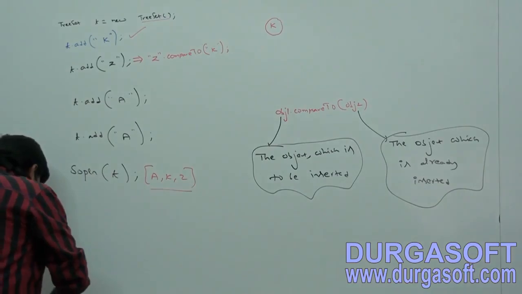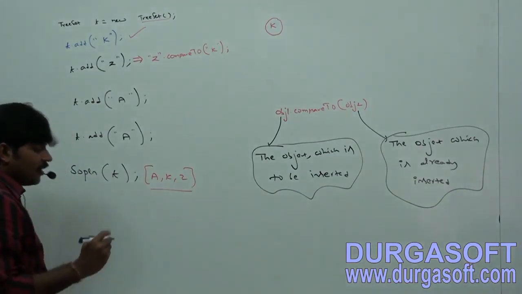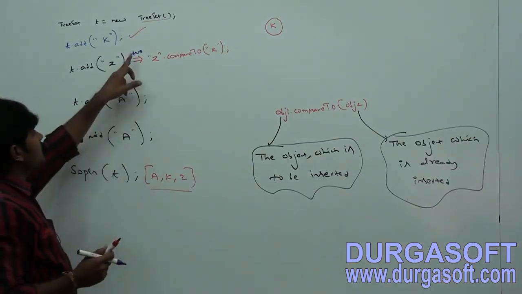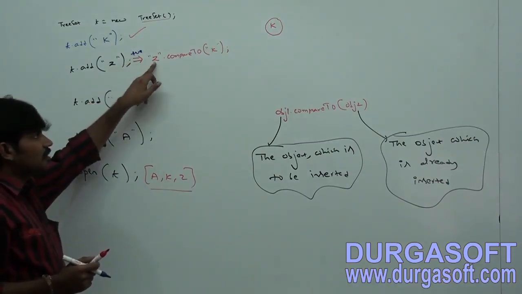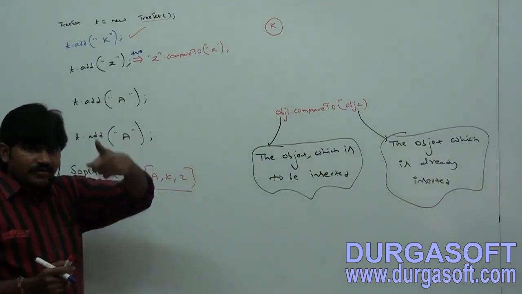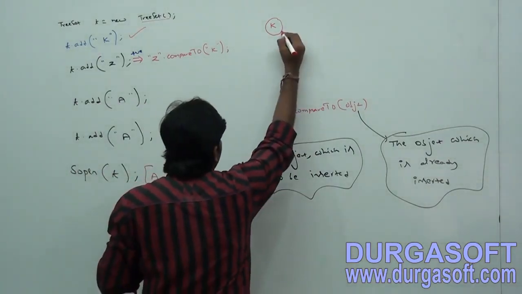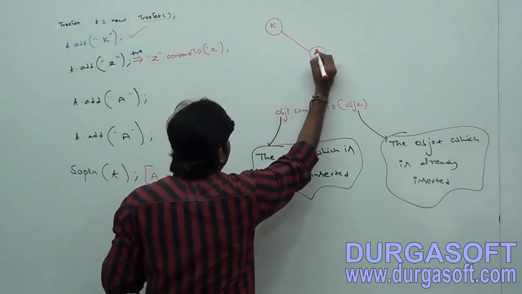Can you tell whether Z will come after K or before K? After K. So I get a positive value. Once the JVM sees this positive value, it decides Z should come after K, and places Z as the right node.